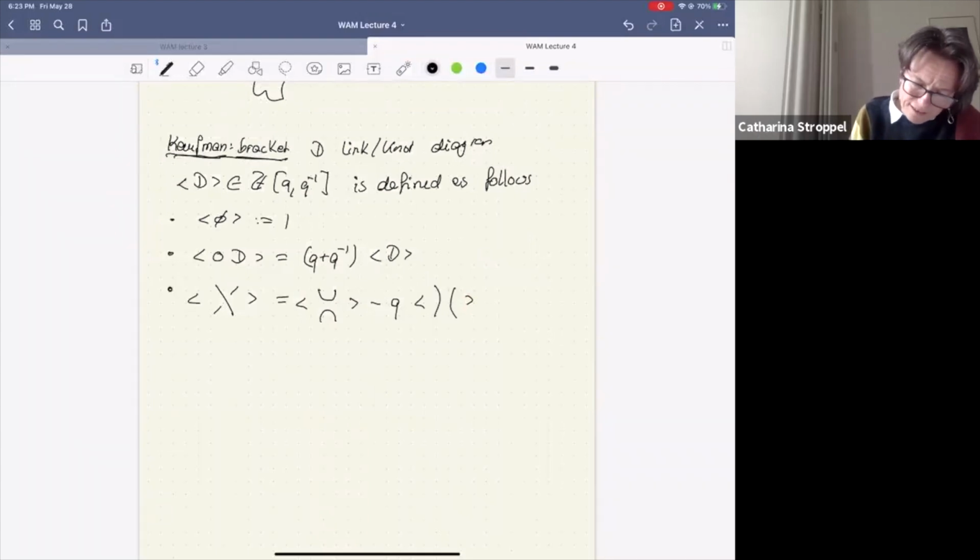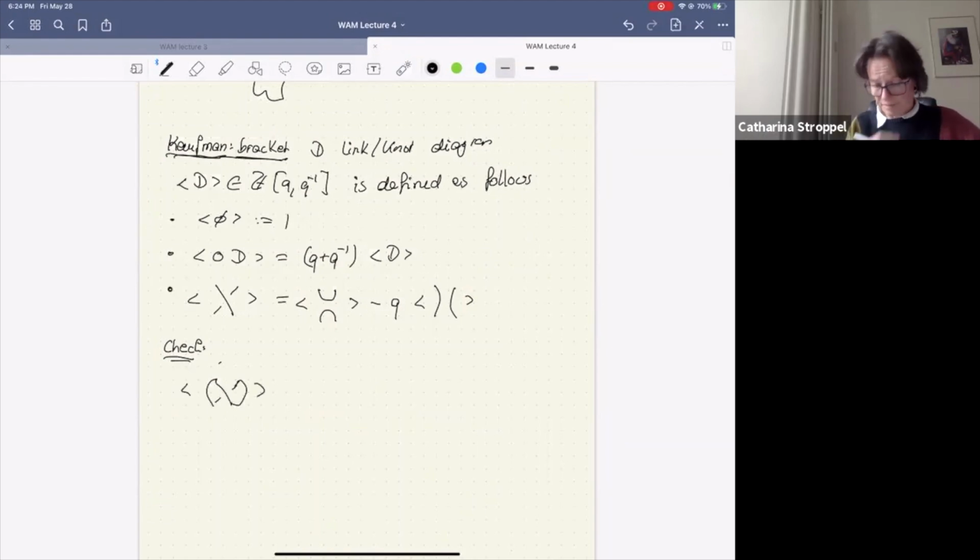So now we can check whether this is an invariant. For instance, let's check whether the Kauffman bracket of this knot is the same as the one I get when I apply a Reidemeister 1 move. Let's just apply the rule of the Kauffman bracket. I take the crossing, replace it by these two smoothings, write them like this, and then close it.